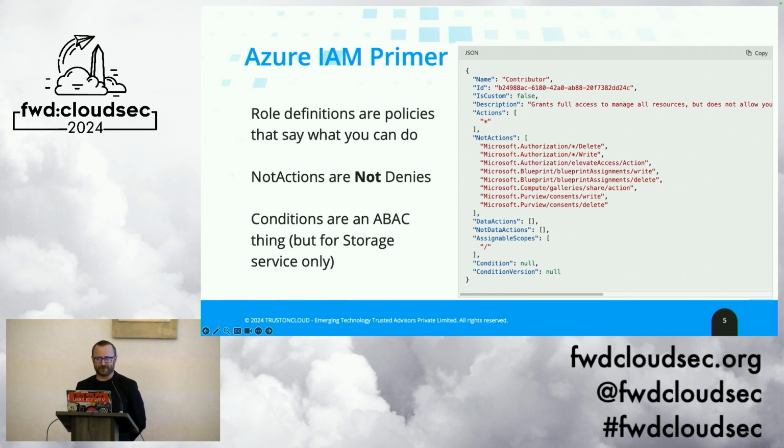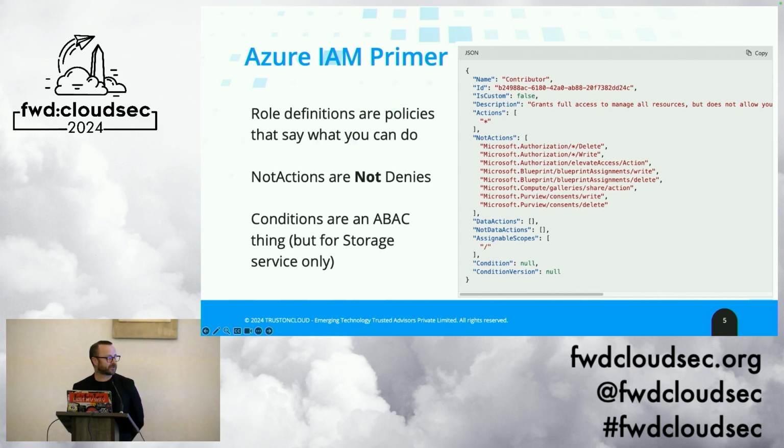If you're coming from AWS land, you'll be like, okay, it's JSON, but it's a bit different. What does it all mean? So you've got actions, and they're cool, like that's what you can do. But you've also got data actions, we'll talk about momentarily. You've got something people do think is not actions are not denies, okay?